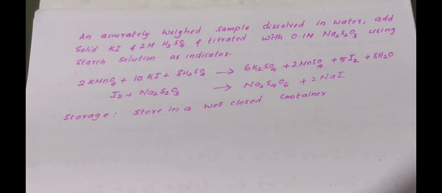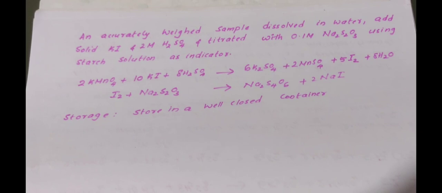Then the liberated iodine is titrated with sodium thiosulfate to give Na2S4O6 plus 2NaI. So that is the method of assay of potassium permanganate, by iodometric titration based on the oxidizing action of potassium permanganate on potassium iodide in presence of sulfuric acid.